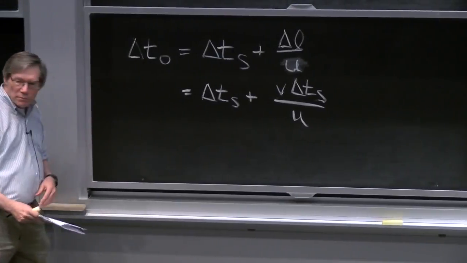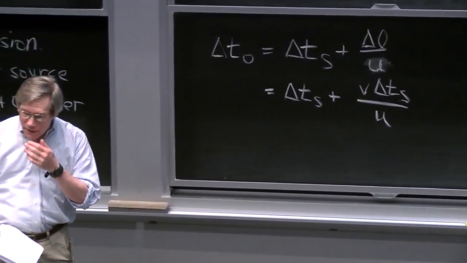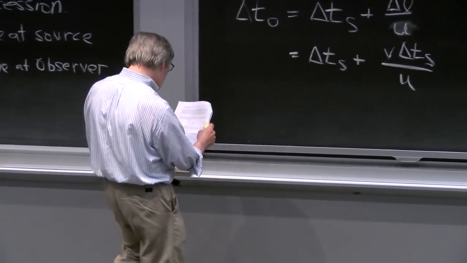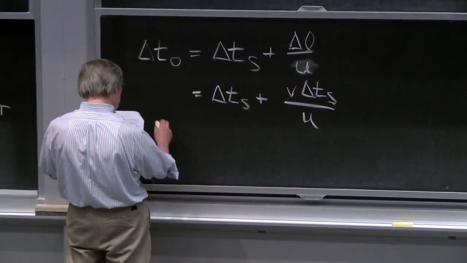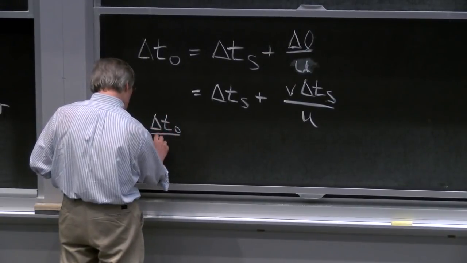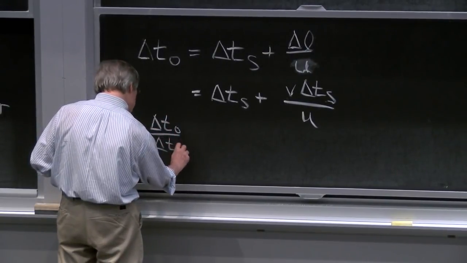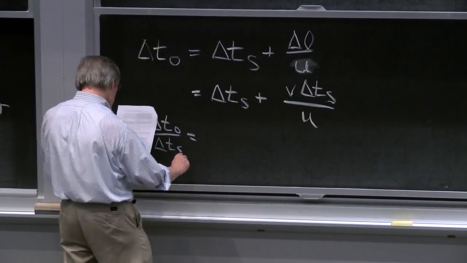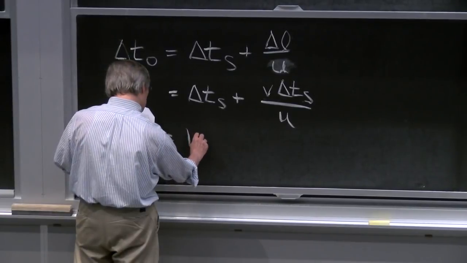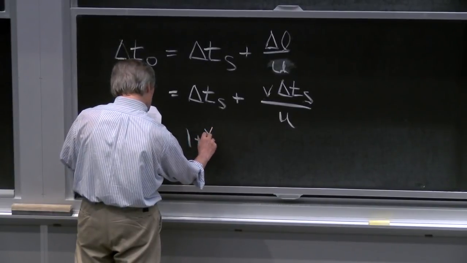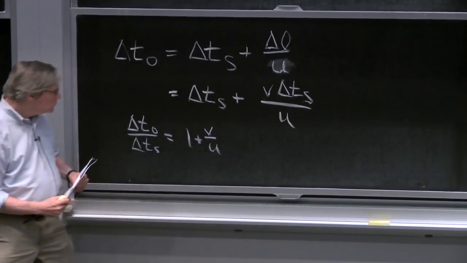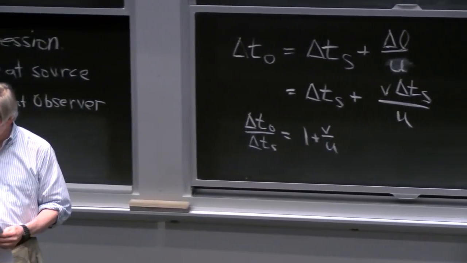So this really is our result. It tells us what delta t sub o is in terms of delta t sub s. And we can solve for the ratio. It tells us that delta t sub o over delta t sub s is equal to 1 plus v over u. Just solving that equation.